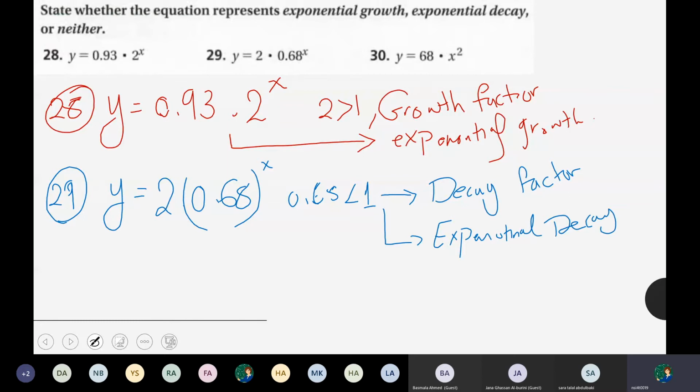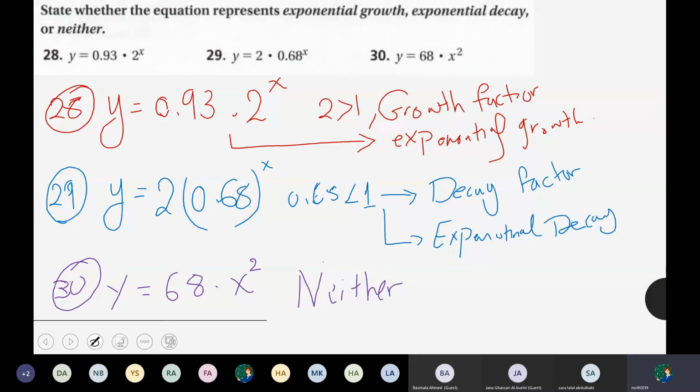Now look at number 30. y equals 68 times x squared. What's that? Neither. It's a quadratic function. Yes, neither.